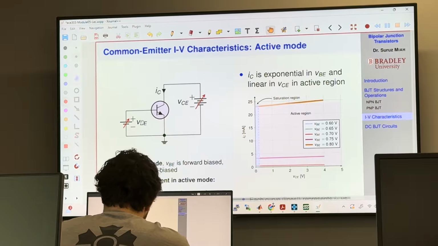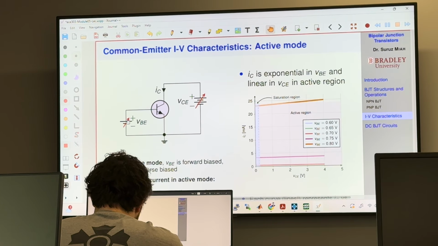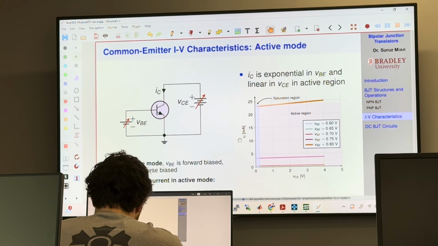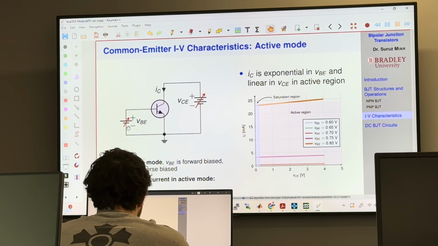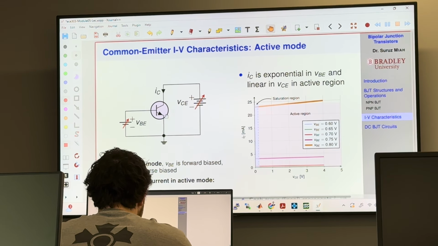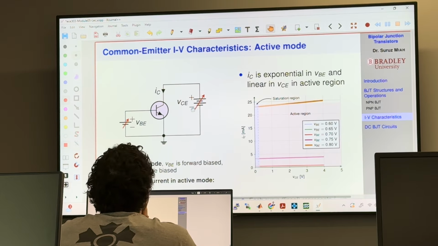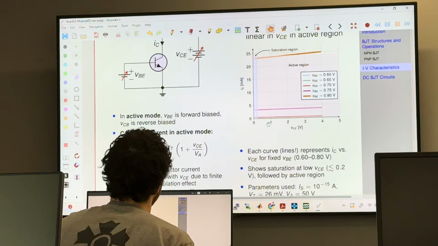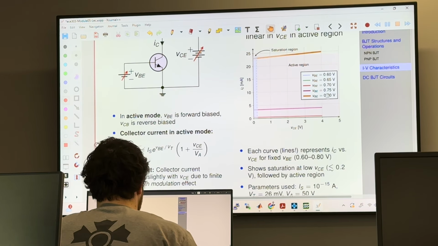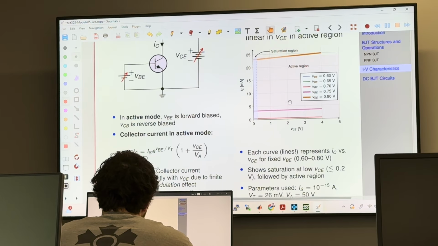You vary this voltage, and this is exactly what you'll be doing in the lab, guys. You vary VCE, this is the primary sweep and this is the secondary sweep. You vary VCE and you vary VBE, and for different VBE you get curves like this.